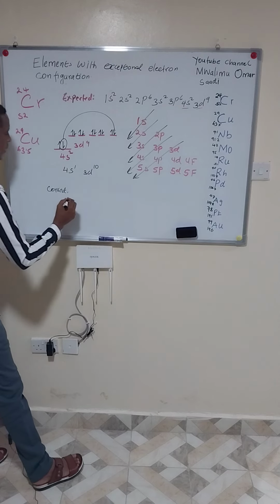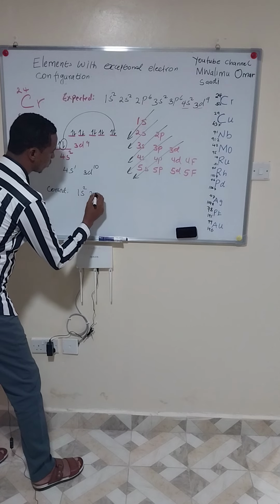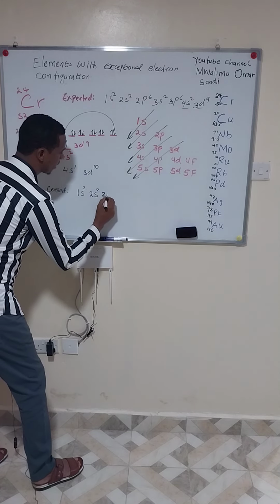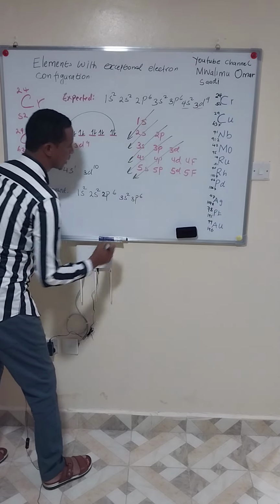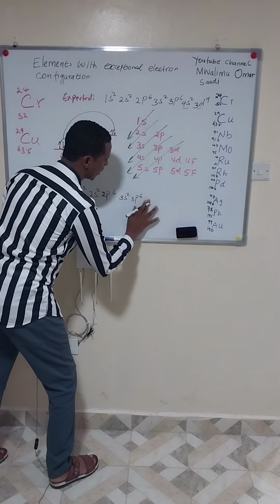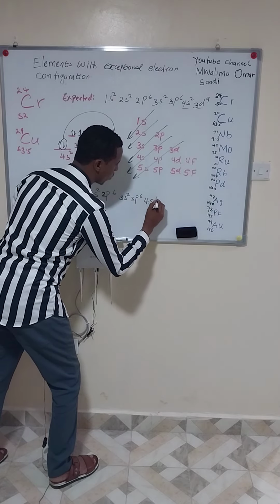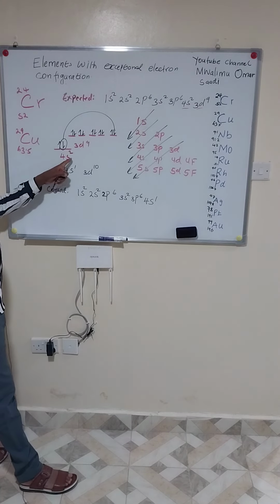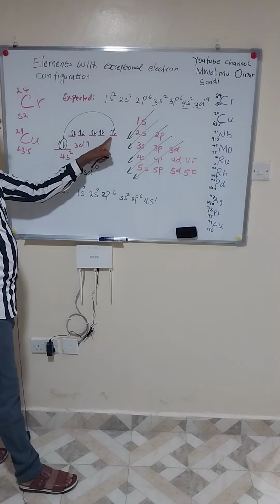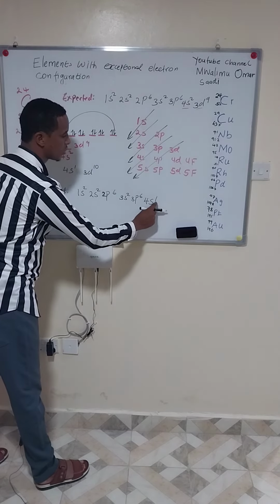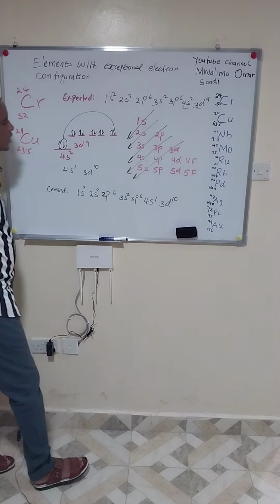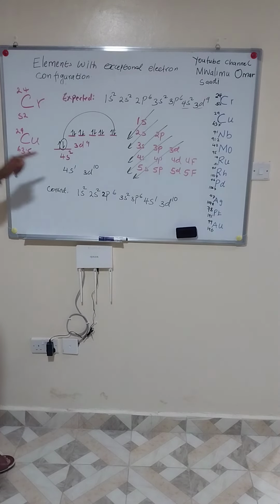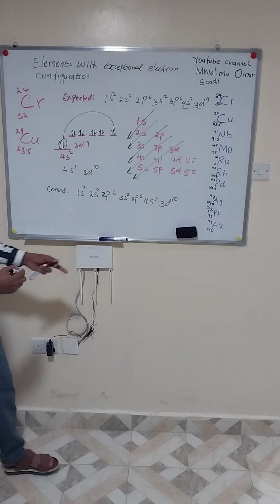electron configuration of copper will be 1s2, 2s2, 2p6, 3s2, 3p6, 4s1, because previously 4s has 2 electrons, but 1 electron has moved from 4s to the 3d, so we'll remain now with 4s1, and then 3d10, because it has accepted 1 electron from 4s to have 10 electrons.